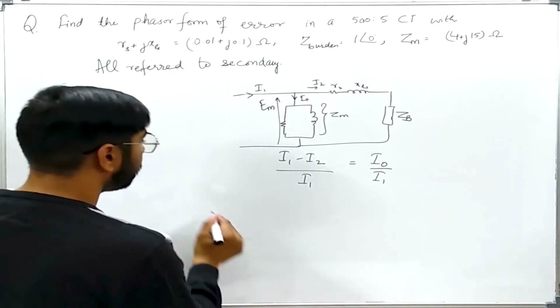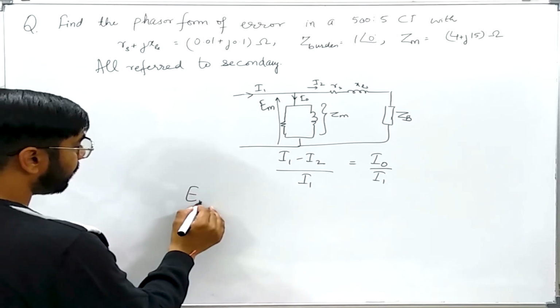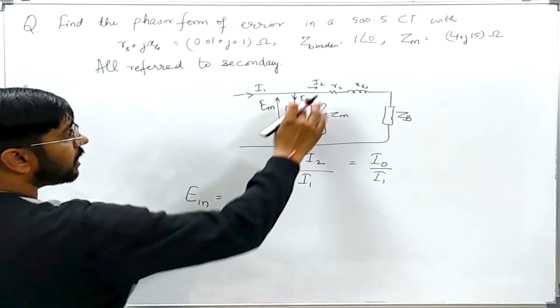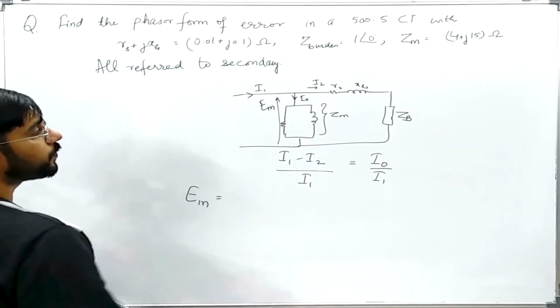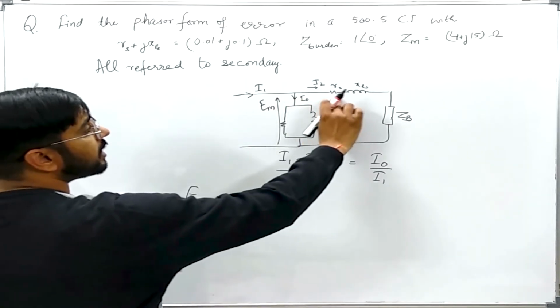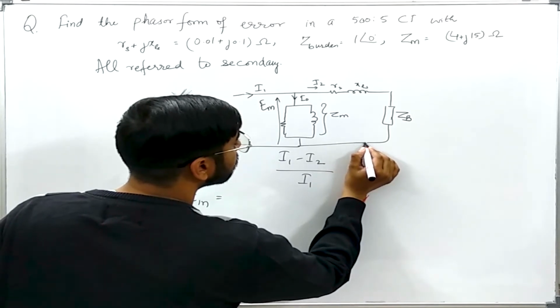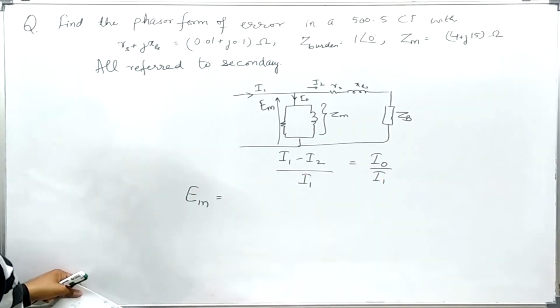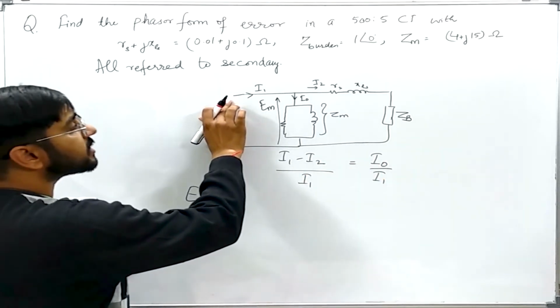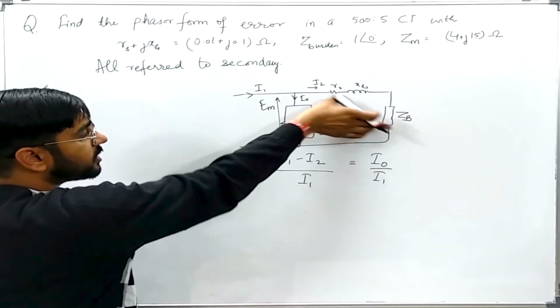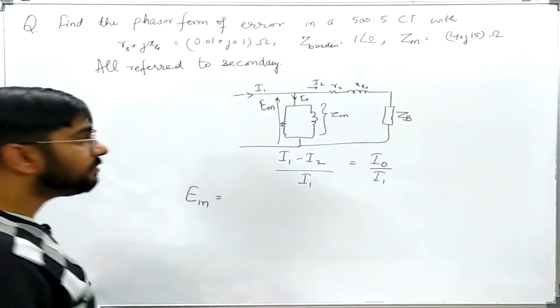Now EM is nothing but I2 into the resultant of this thing, or it can be written as I1 into the resultant of this and this, both are same, okay.